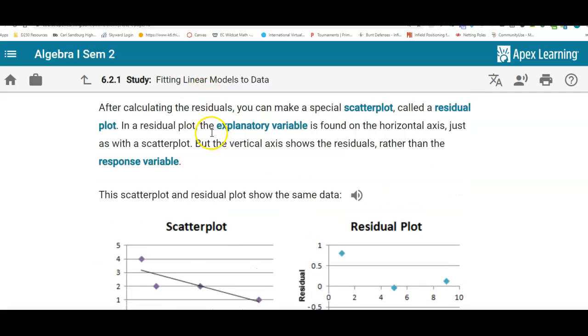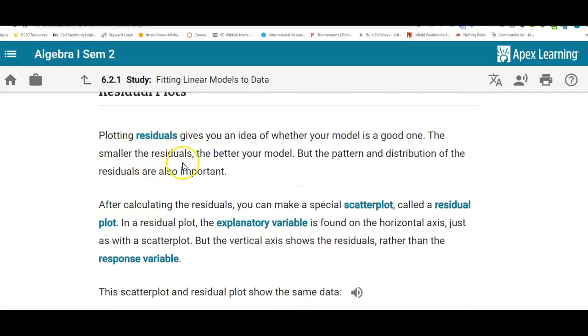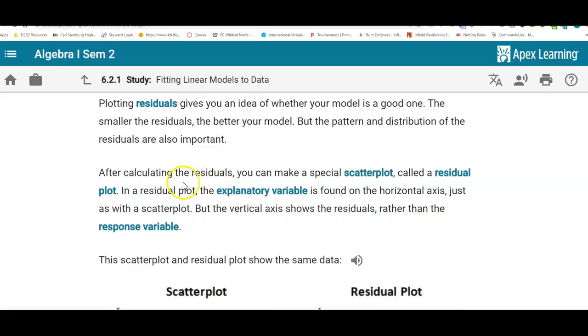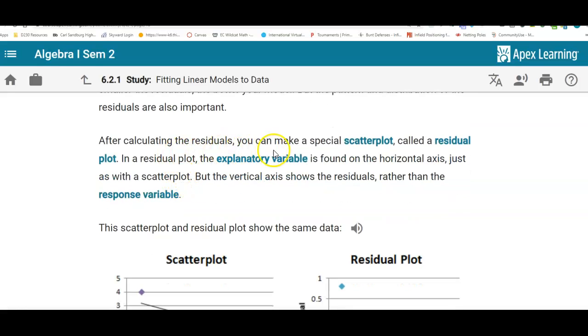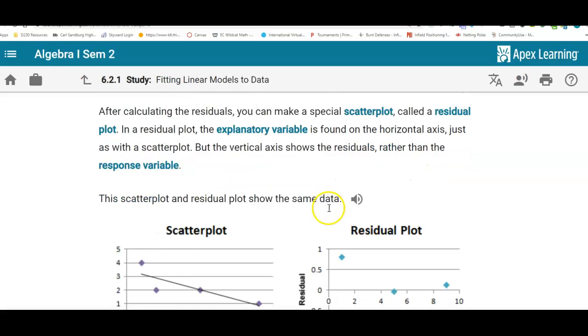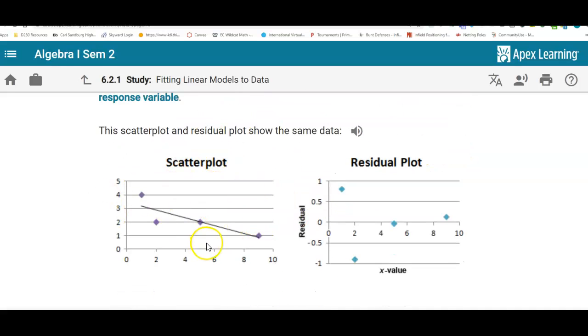Now, in a residual plot, plotting residuals gives you an idea of whether your model is a good one. The smaller the residuals, the better your model. But the pattern and distribution of the residuals are also important. After calculating all of the residuals, you can make a special scatter plot called a residual plot. So here is your scatter plot.